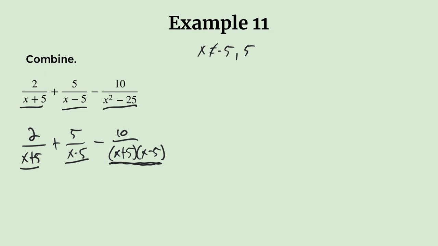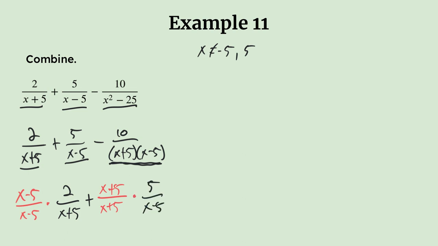So we're going to multiply that first fraction by x minus 5 over x minus 5. The second fraction, we're going to multiply by x plus 5 over x plus 5. And the third fraction we just leave like it is.